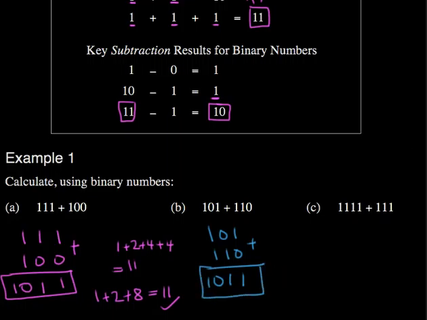For part C, if we write 1, 1, 1, 1, and we add 1, 1, 1, remember 1 plus 1 is 10. And we carry it over in the same way that we did before in our normal base 10. But here we have 1 plus 1 plus 1.